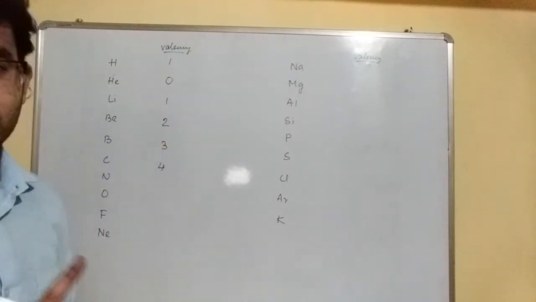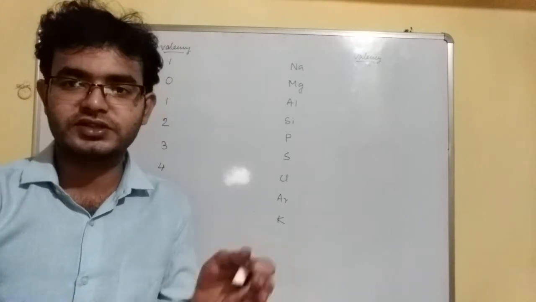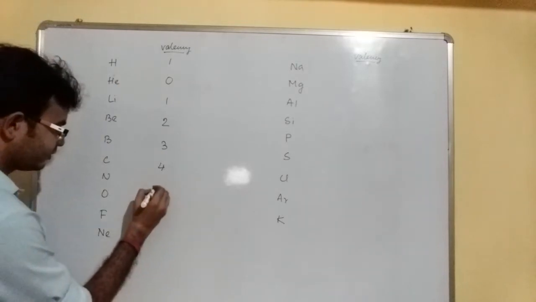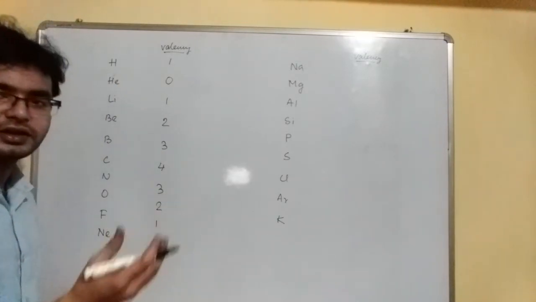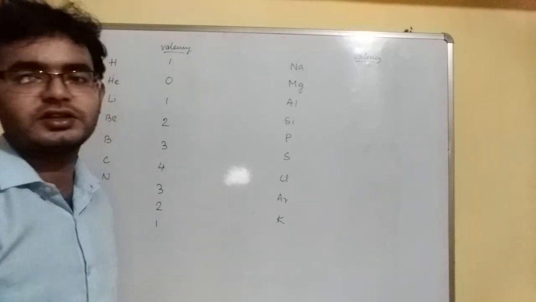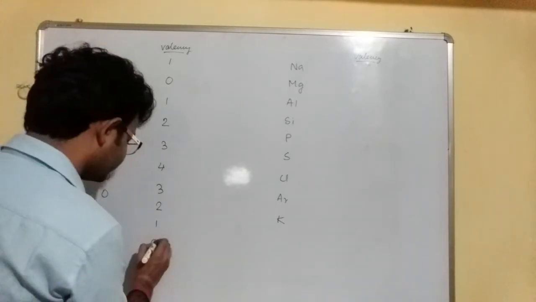In case of nitrogen it contains 5 electrons in the valence shell, so we have to subtract this number from 8, that is 8 minus 5 is 3. For oxygen it is 2, fluorine 1, neon. It contains 8 electrons in the valence shell, as we know that the second shell is filled by 8 electrons. So as the second shell is filled, its valency will be 0.